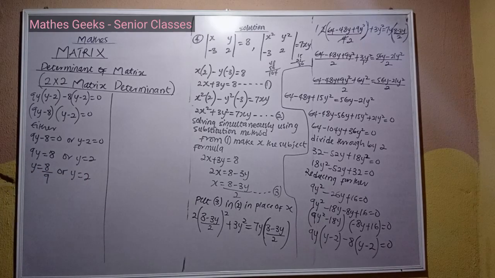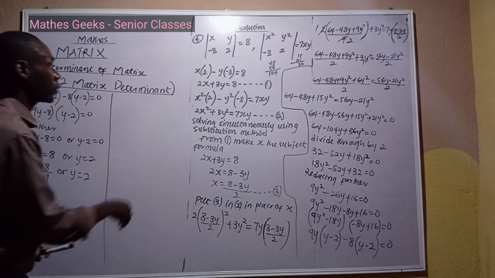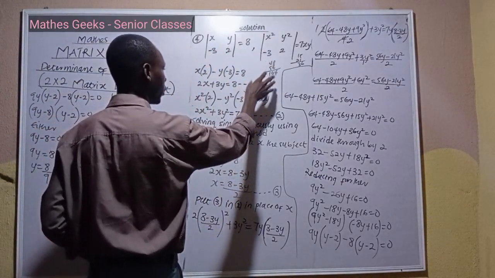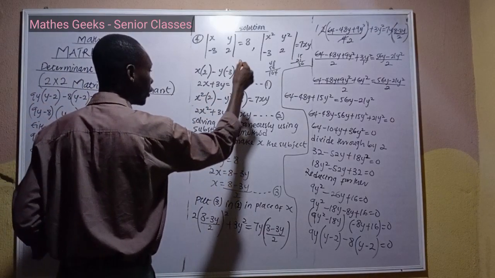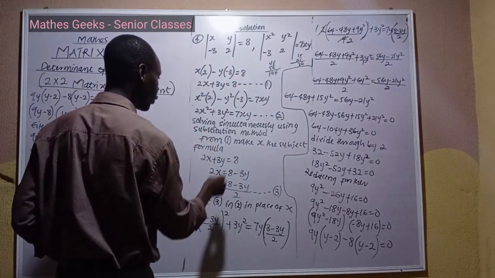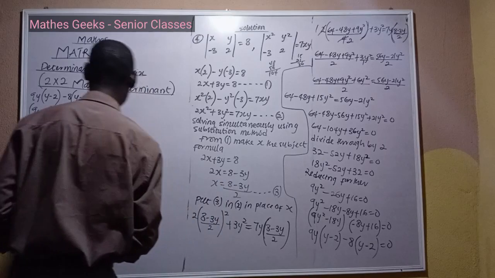But this is not our final answer because we got a simultaneous equation and we've only gotten the values of y, so we need to get the values of x, and to do that we need to use equation 2.